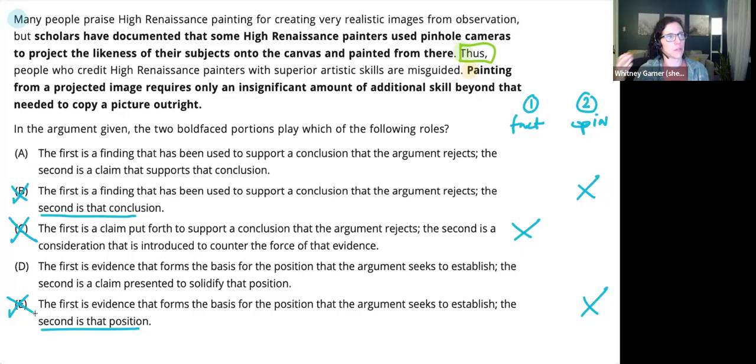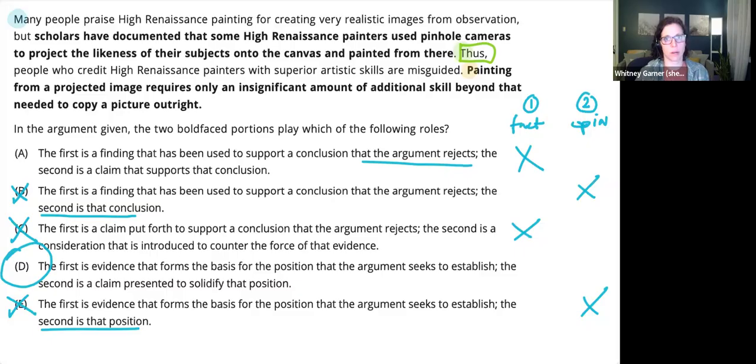And this idea that scholars have documented using pinhole cameras, so essentially cheating, seems like it supports what the author eventually is going to say, which is that these people don't have superior artistic skill. And so the first is evidence that forms the position that the argument is going to agree with. And therefore, it's not what the argument rejects. So it's not A. It is, in fact, answer choice D.